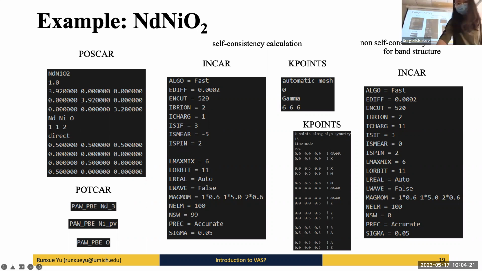Okay. I have a question. So what does this mean for neodymium is 0.6? Yeah. So you can actually then express nickel is 5 and oxygen 1.0, oxygen 2.0. So it doesn't have to be integer. Oh yeah, it doesn't have to be integer.